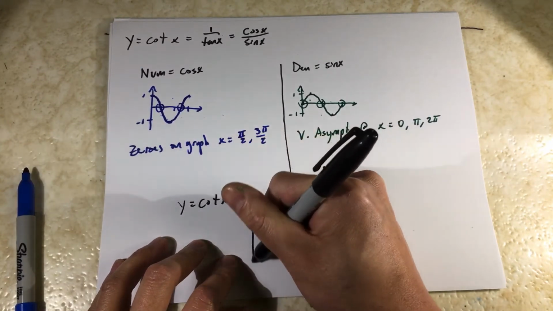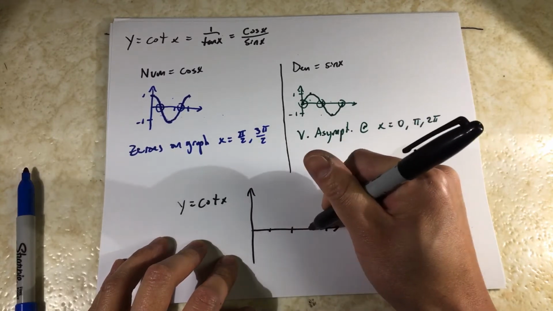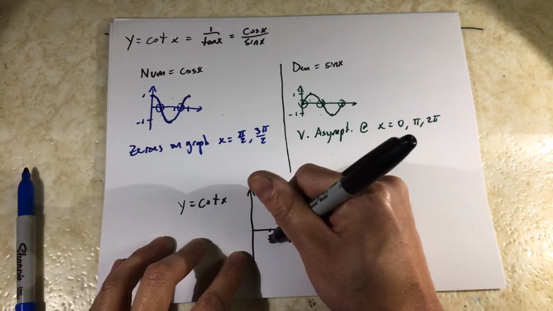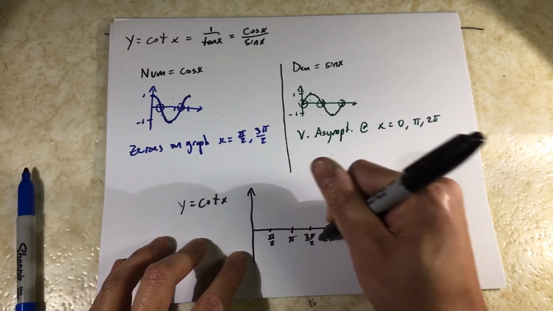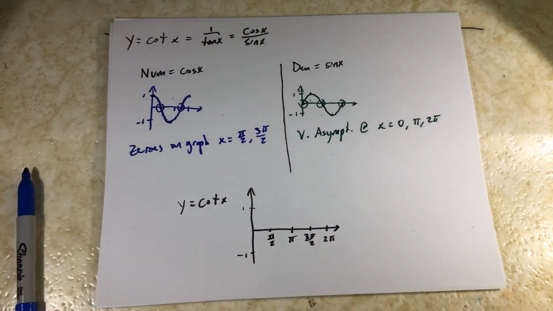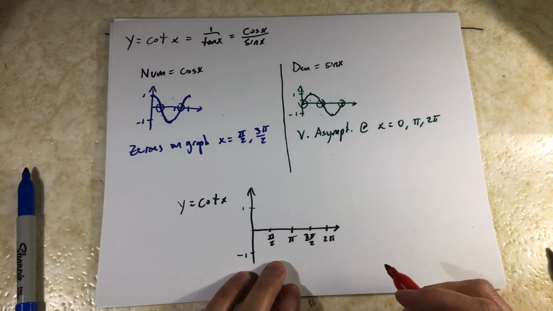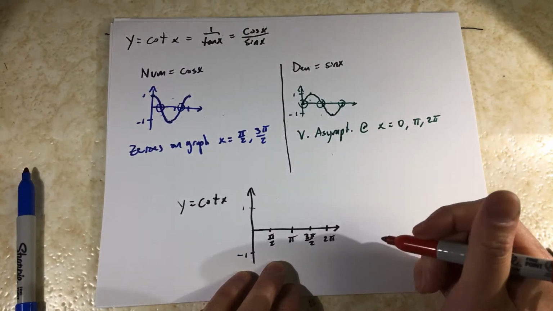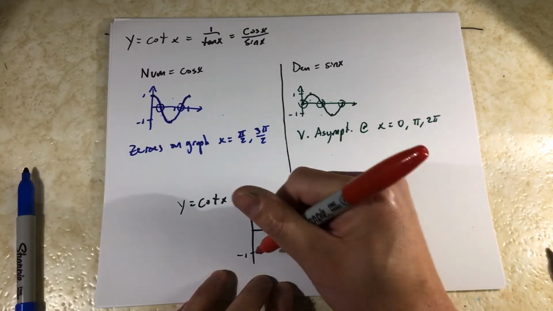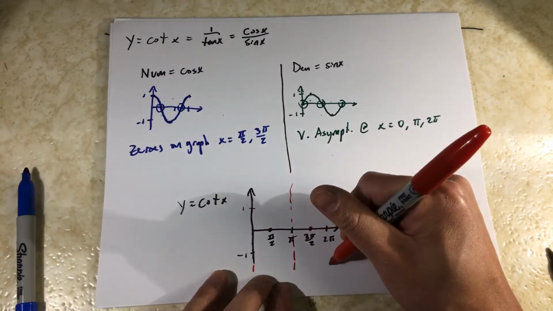Cotangent of x. So pi, 2 pi, pi over 2, 3 pi over 2. Okay, 1 and negative 1. In this case, that is not that important, but we'll do it anyway. We're going to have zeros at pi over 2 and 3 pi over 2. Then we're going to have vertical asymptotes at 0, pi, 2 pi.